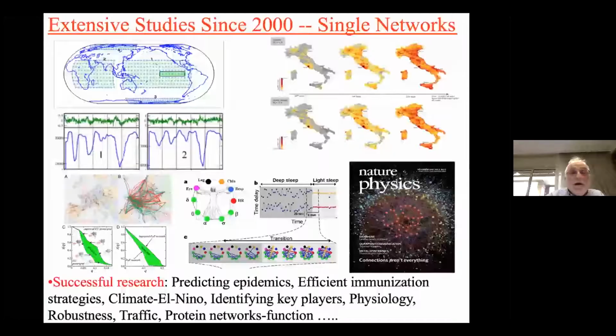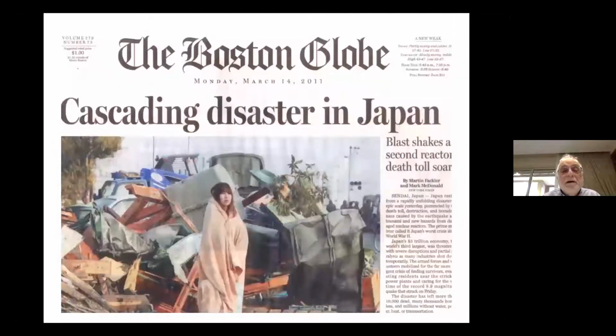So why do we need a network of networks? You can see in the picture here, it was in the news on 14 March 2011. You remember the blackout and the tsunami in Japan that led to cascading failures in all infrastructures. They could not function.